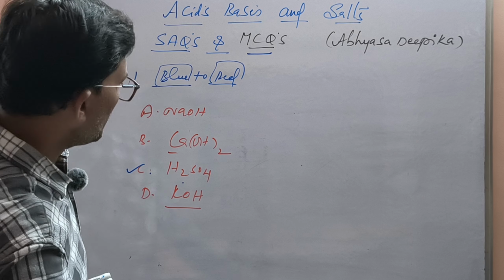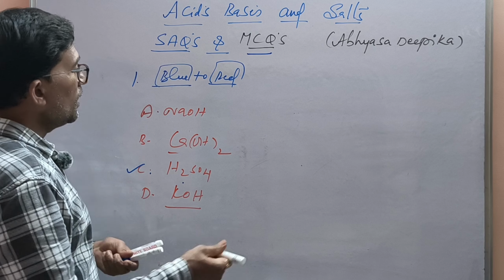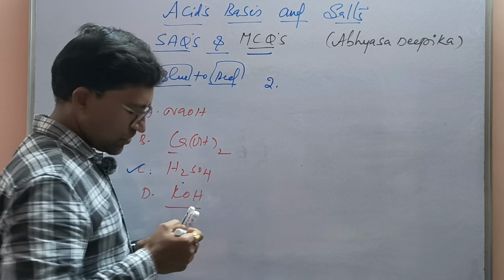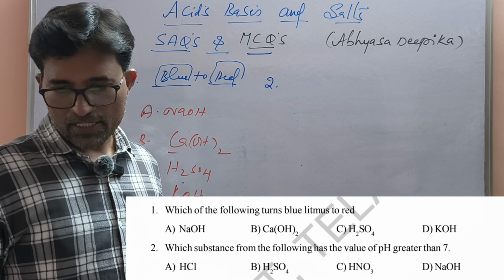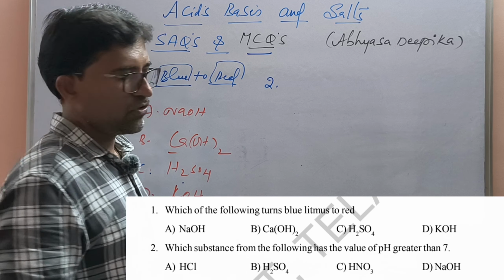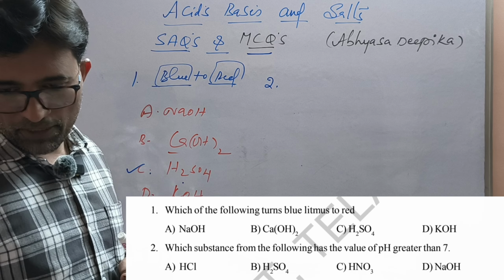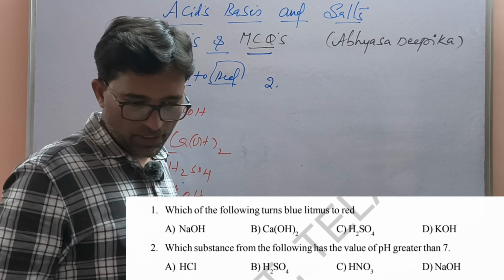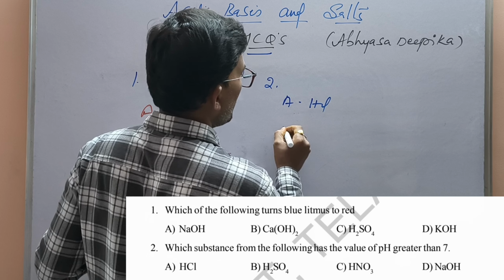Now the second multiple choice. The value of pH is more than 7 in the following is. The question is displayed on the screen. First option given is A, HCl.